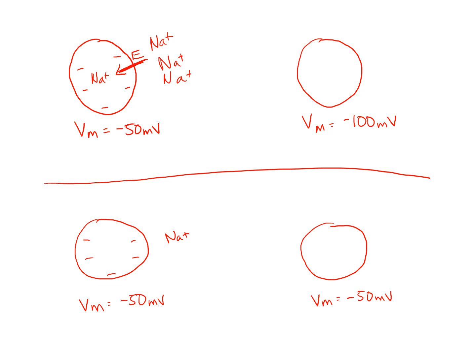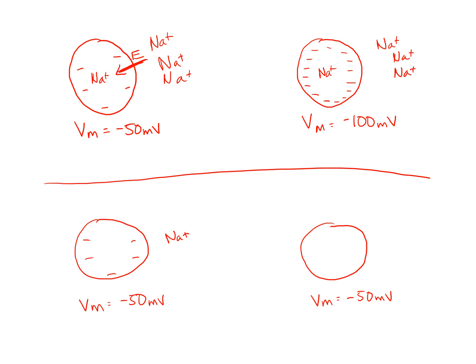Then if we change our membrane potential and make it even more negative, minus 100 millivolts, we've added even more negative charges inside the cell. So I would put even more negative charges than I did at minus 50 millivolts, with the same amount of sodium here.